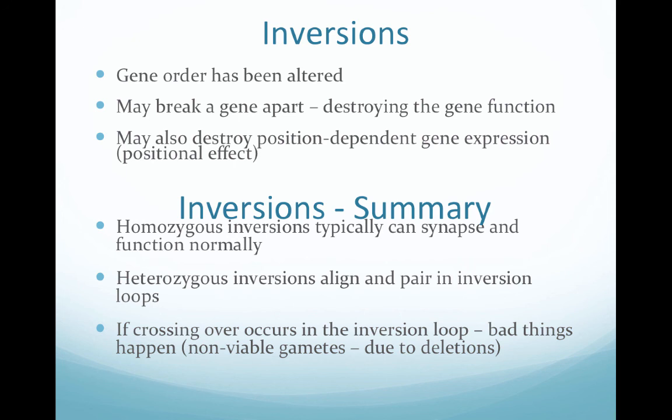And then if crossing over ends up taking place within the inversion loop, essentially bad things happen and we get non-viable gametes because of these deletions. So just keep in mind inversions come in two major types, paracentric and pericentric. So make sure you have a really good handle on what those are and some of the effects of those inversions as well.